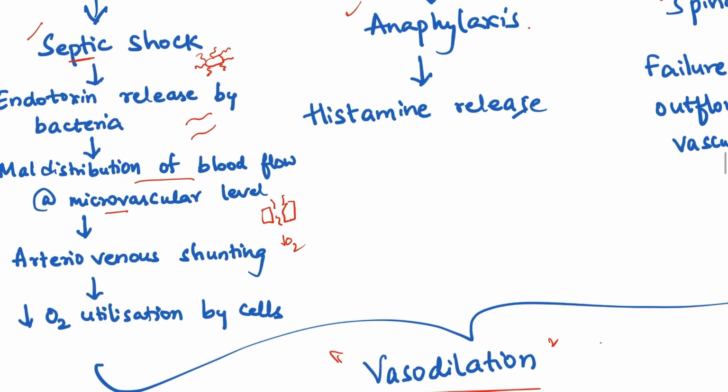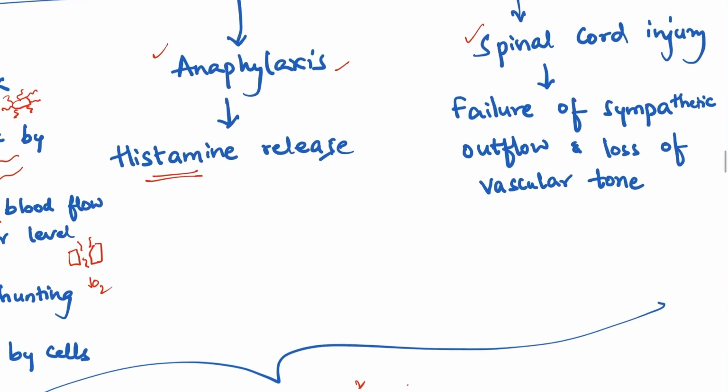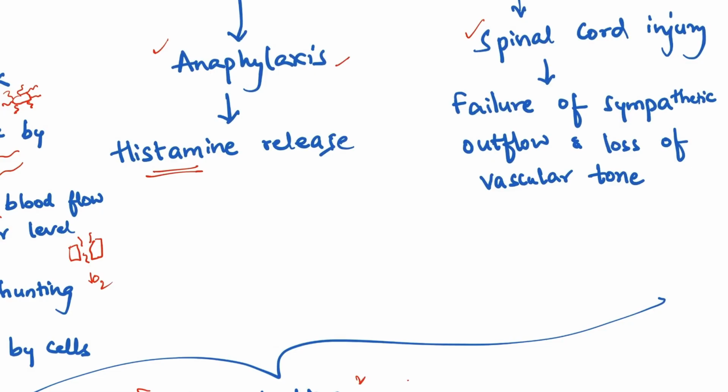Whereas in anaphylaxis, due to any allergic reaction, there will be release of histamine. This will cause the vasodilation in anaphylaxis. In spinal cord injury, there will be a failure of the sympathetic outflow and loss of vascular tone. As we have described earlier, increase in sympathetic activity will cause increase in heart rate and vasoconstriction.